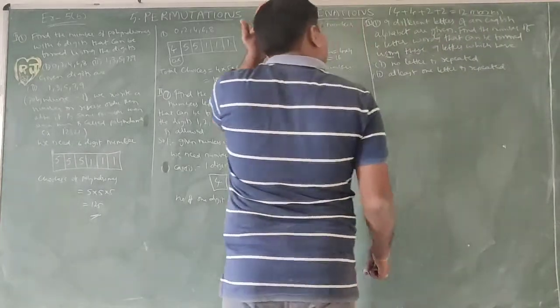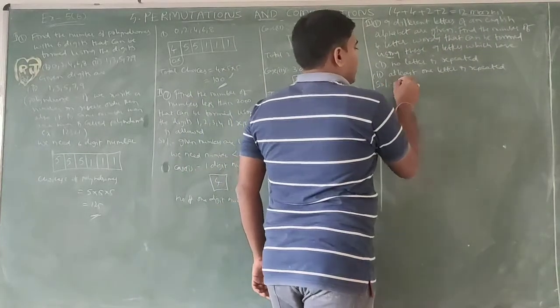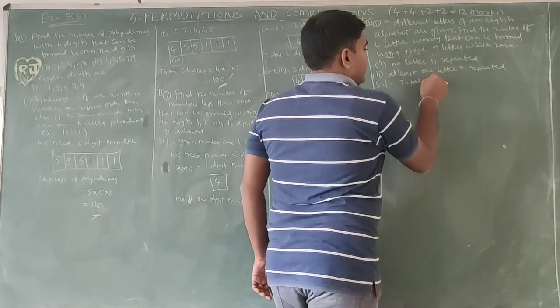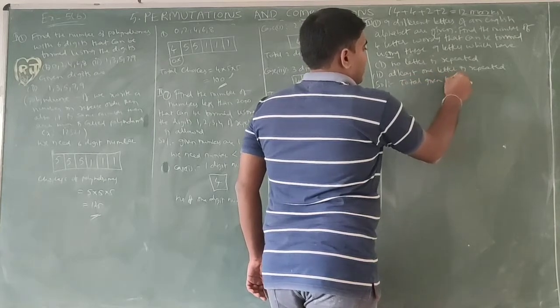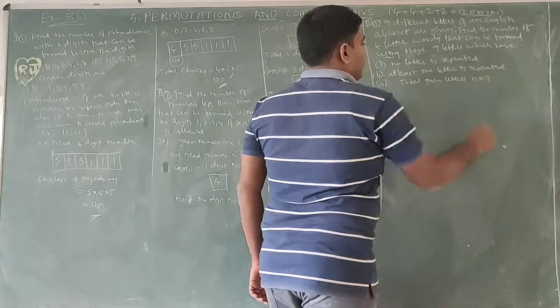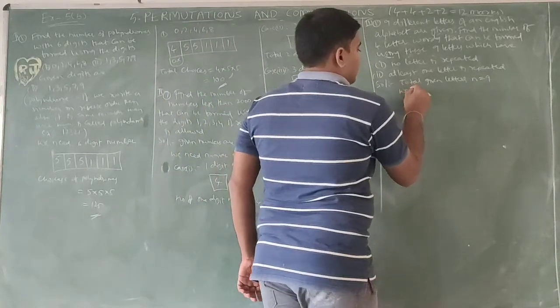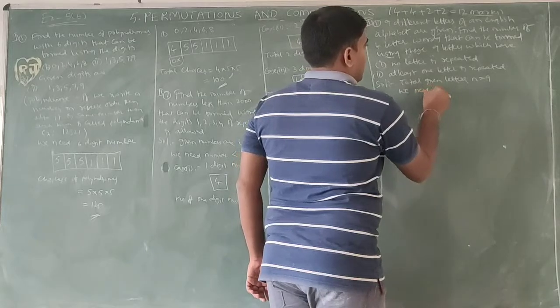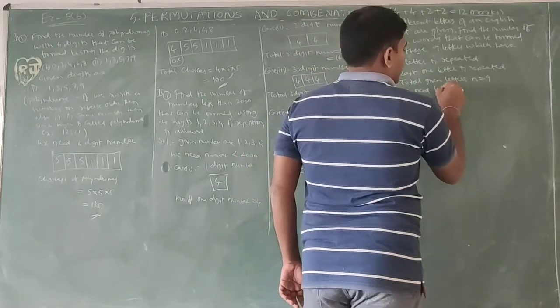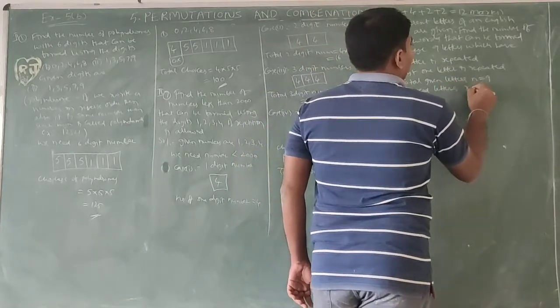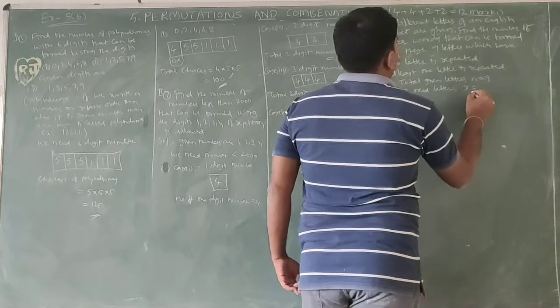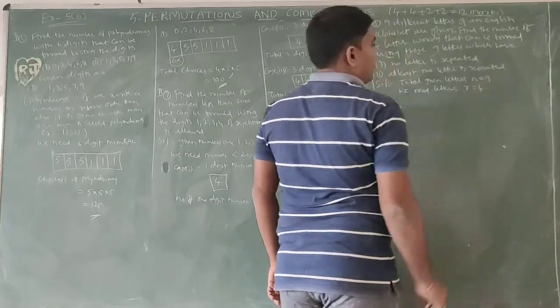Okay, so how many letters total? Given letters n equal to 9. So we need letters, r equal to how many letter words we require? 4 letter words we require.